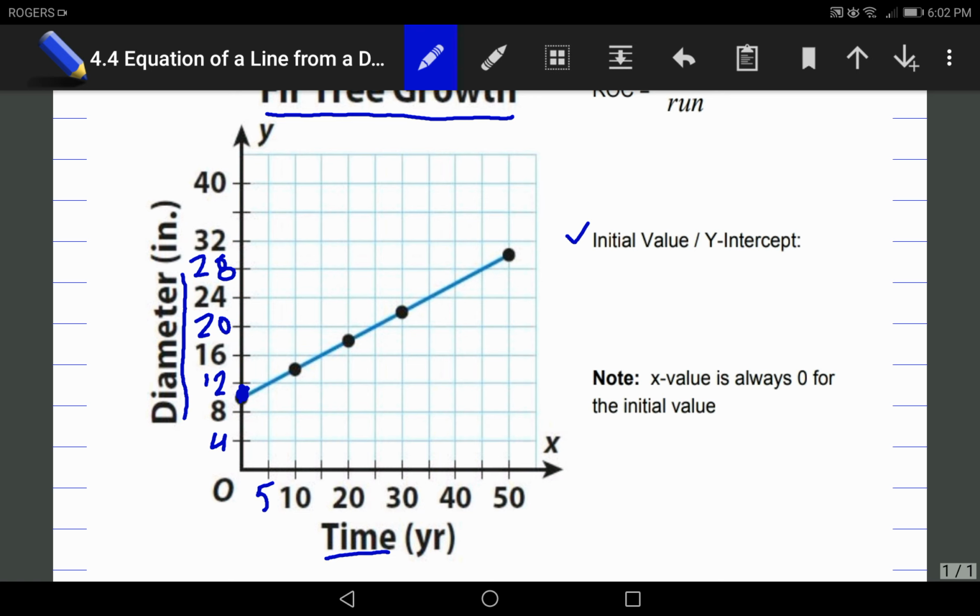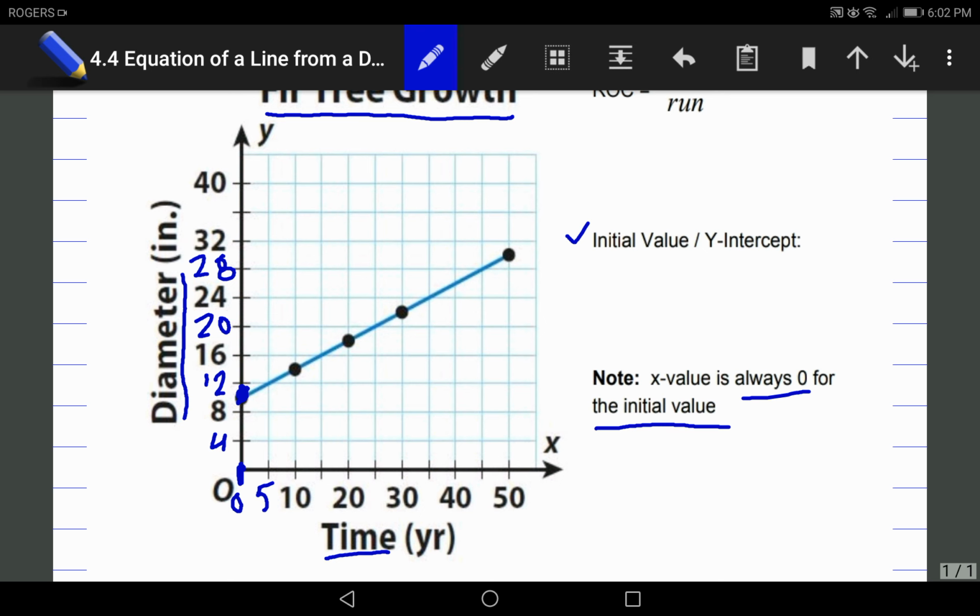So what is the initial value? Just a note here that the x value is always zero for the initial value. Because it is always on the y-axis, the x value will always be 0 for every initial value or y-intercept.